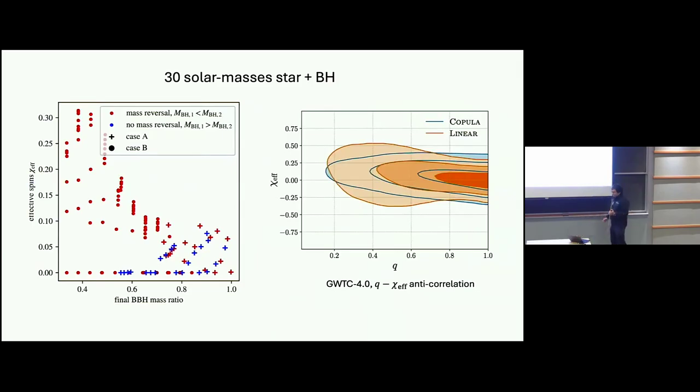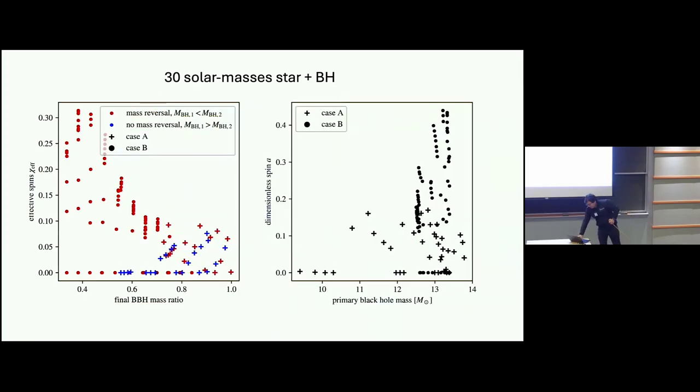Because there's a claimed anti-correlation between chi effective and q, but actually this is not correct. The reason is that these 30 solar mass stars are much less massive, and all these high spin systems have primary black hole mass below 14 solar masses, so they're not contributing to that population.